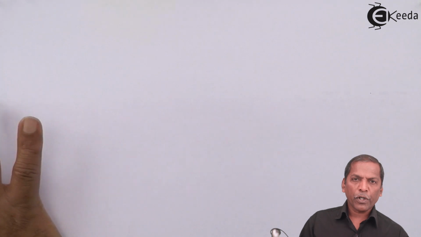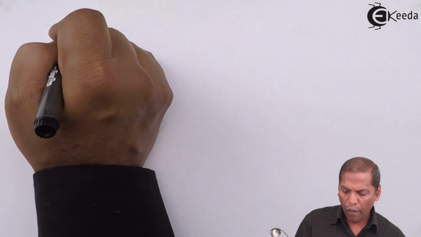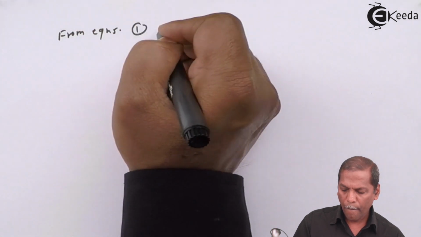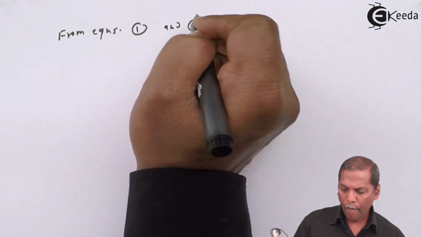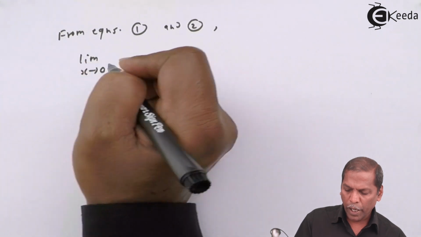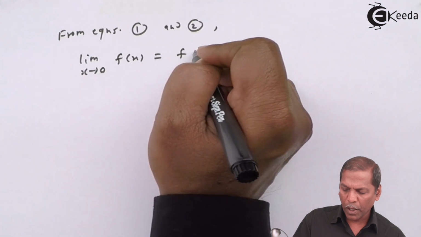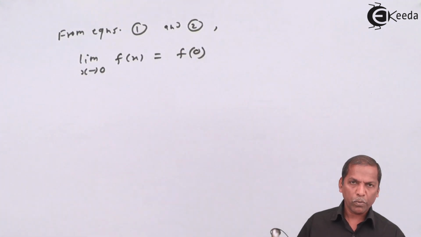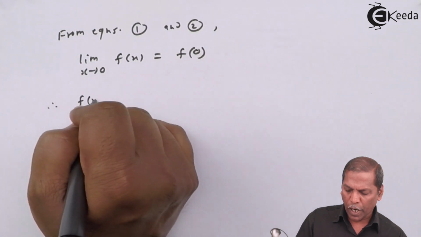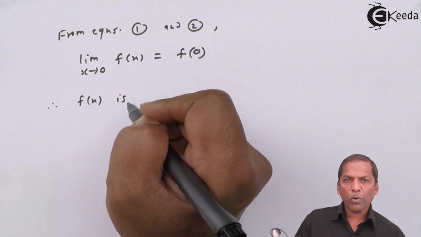Now from equations 1 and 2 we can conclude that limit x tends to 0 of f(x) is equal to f(0), and therefore the function f(x) is continuous at x equal to 0.